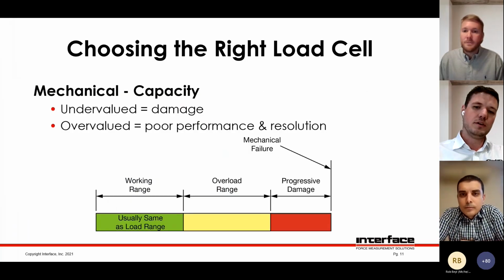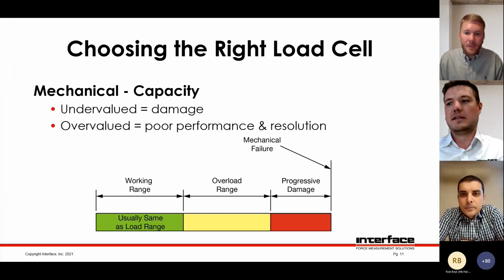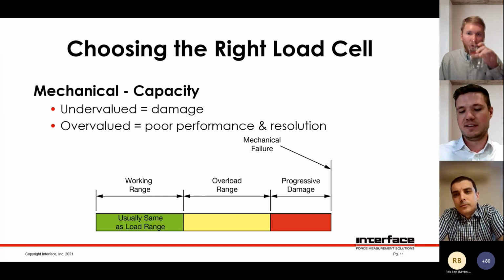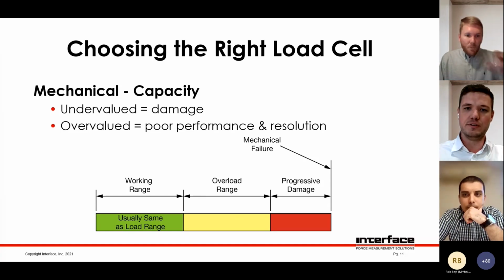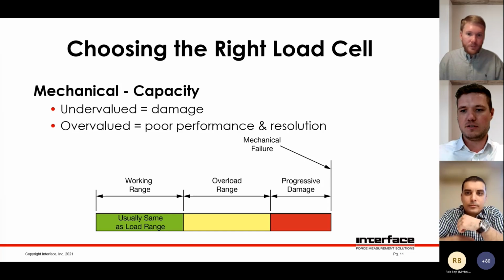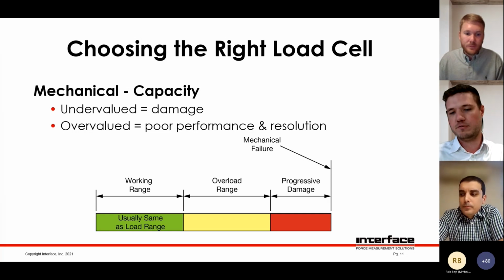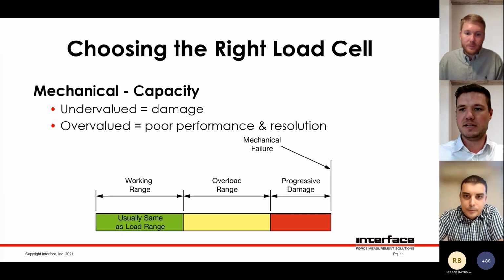Yeah, absolutely. So when we're talking about the capacity of load cells, there's the working range, and there's an overload range, and then there's an overloaded load cell. Most Interface load cells have a safe overload capacity of 150%. What that means is if it's a 100 Newton load cell, you're safe to use up to 150%, or 150 Newtons.